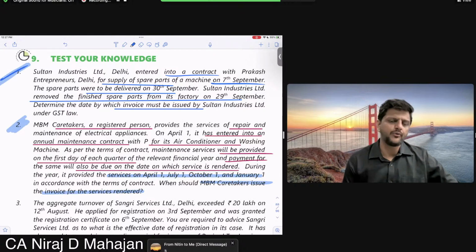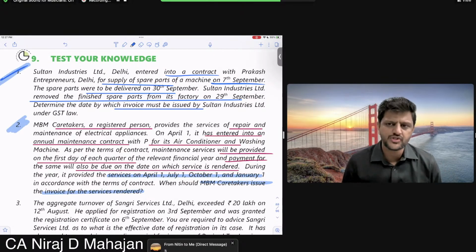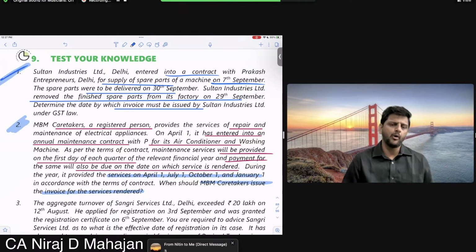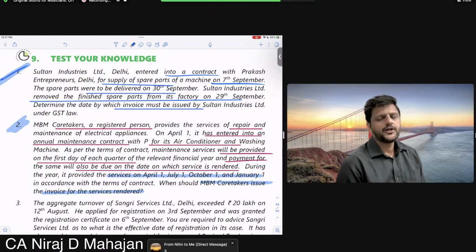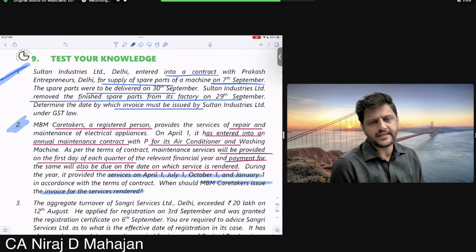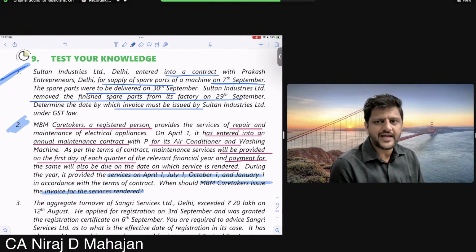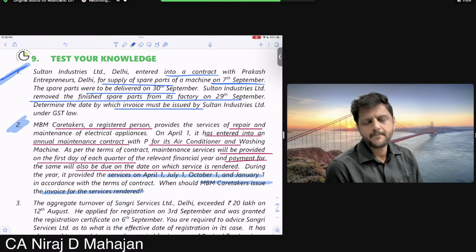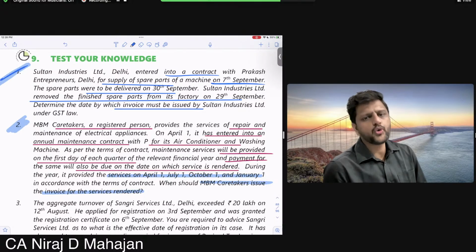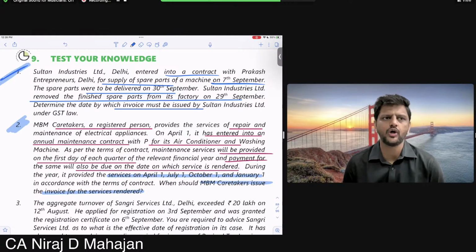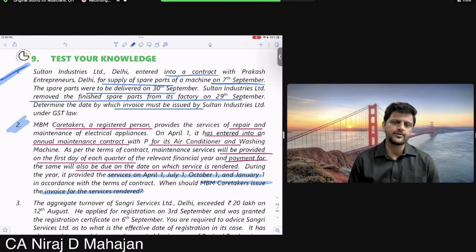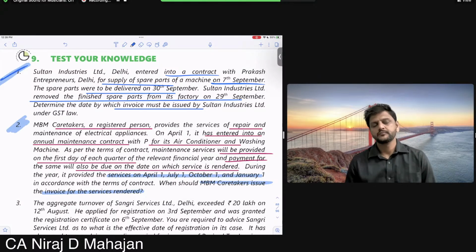For that, what do you have to check in the contract? Important. To check the due date for the invoice, what do you have to check first in the contract? How do we determine the date of issue of invoice for continuous supply of services? Go back to the first couple of pages or check section 31.